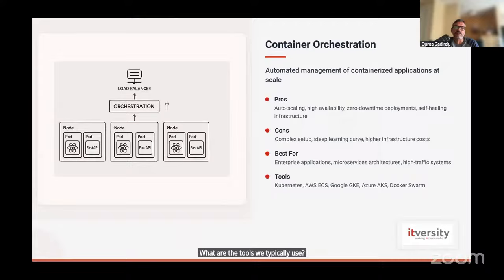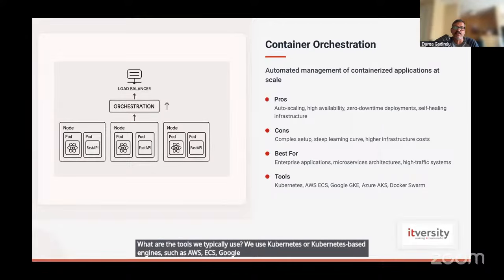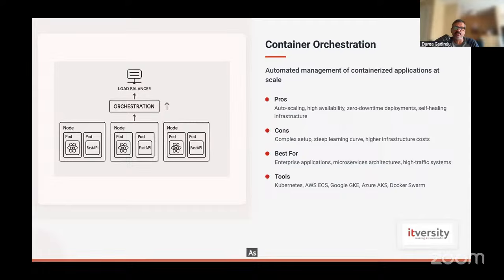We use Kubernetes or Kubernetes-based engines such as AWS ECS, Google GKE, Azure AKS, Docker Swarm, etc. Docker Swarm is not very prominent these days. And keep in mind, ECS, GKE, and AKS are related to Kubernetes only. So we typically use Kubernetes-based deployment techniques when we want to build and deploy enterprise scale applications.